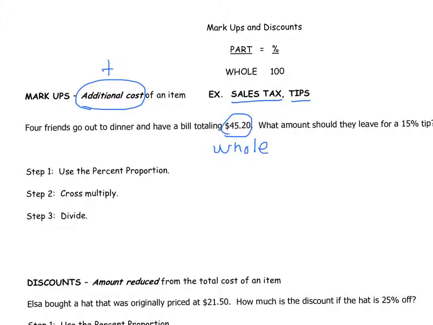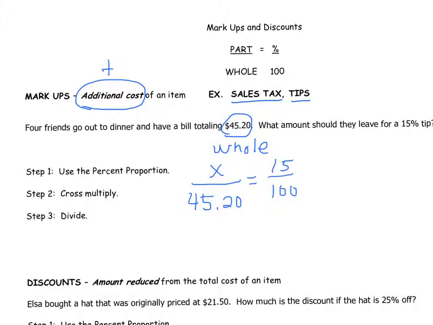And then the discount or the tip in this case that we're going to find is going to be our part. So we're going to use part over whole equals the percent over 100, just like step 1 says. Use the percent proportion. So I don't know the tip, that's the piece or the part. I do know the whole, which is $45.20.